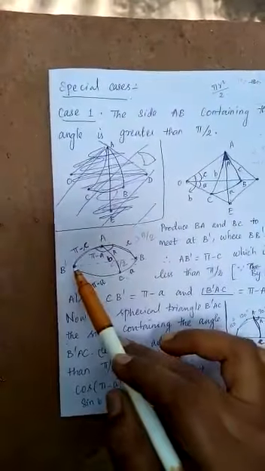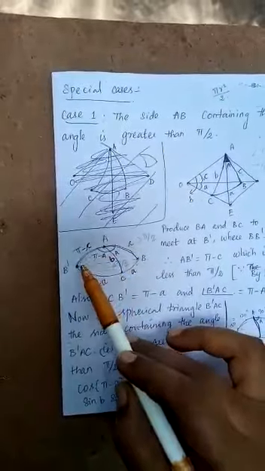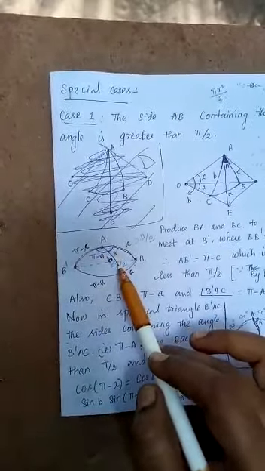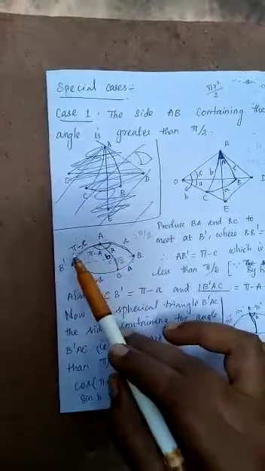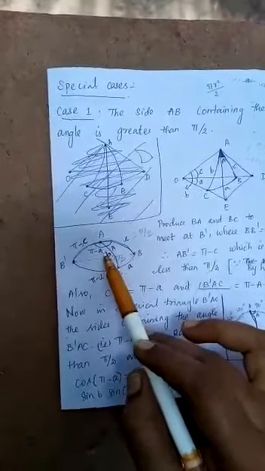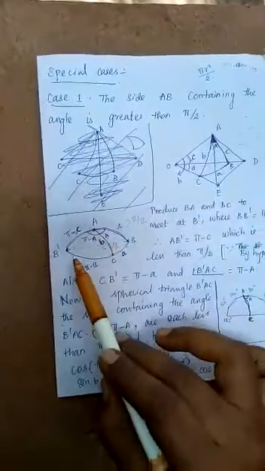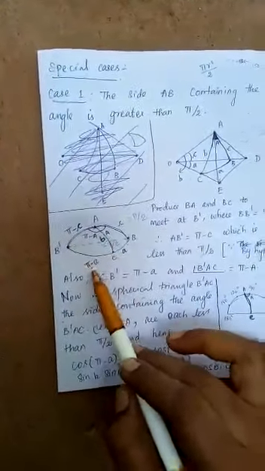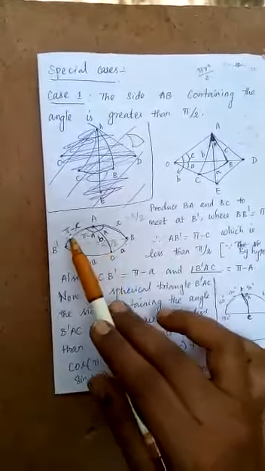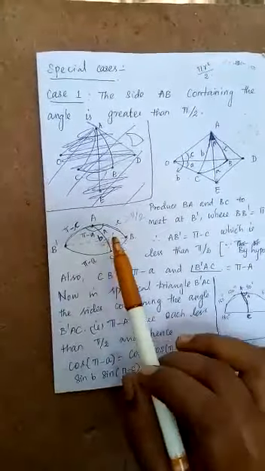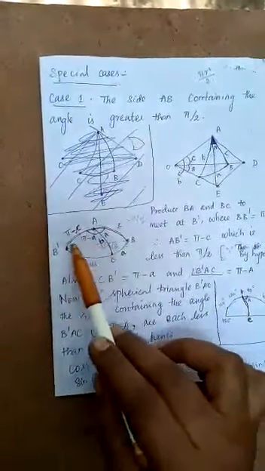So in the spherical triangle B dash AC, both sides containing the angle pi minus A are less than pi by 2. So we apply the cosine formula for this spherical triangle B dash AC for the unknown side: cos(pi minus a) is equal to cos b into cos(pi minus c) plus sin b into sin(pi minus c) into cos(pi minus A).